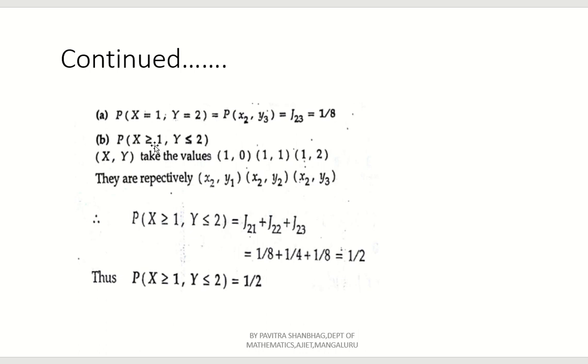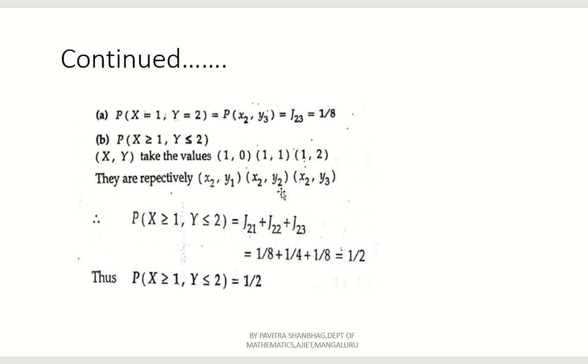So x1, y0; x1, y1; x1, y2. These are the three possibilities. So x1, y0 means x2, y1, and here x2, y2, this is x2, y3. So we have to add all the combinations. That is what?